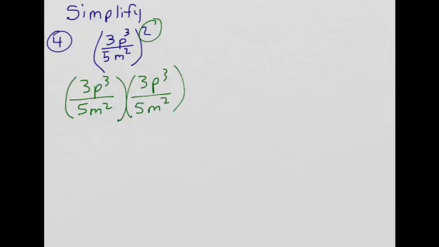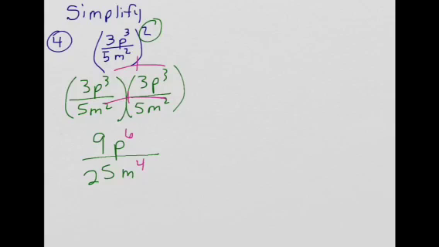So 3 times 3 is going to be 9, and p cubed times p cubed, the bases are the same, and so we're going to simply add them. So it's going to be p to the 6th. 5 times 5 is 25, and m squared times m squared is going to be m to the 4th, because all we did was take the 2 exponents and add them.